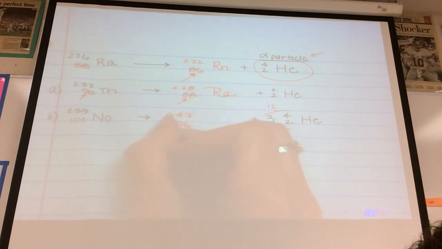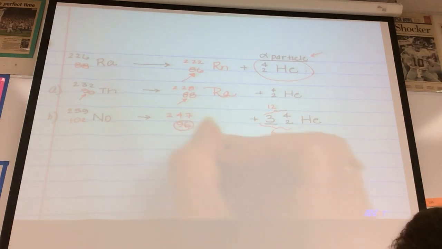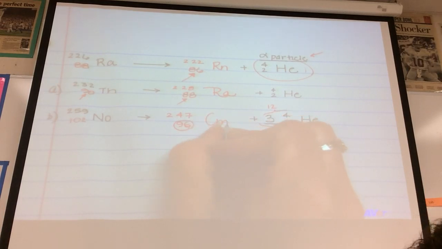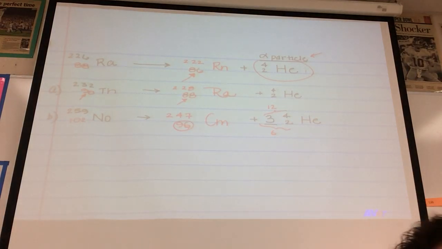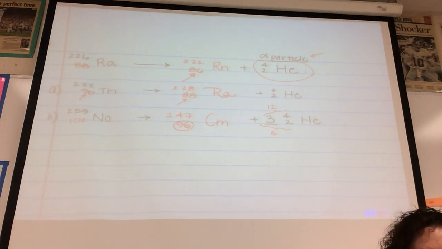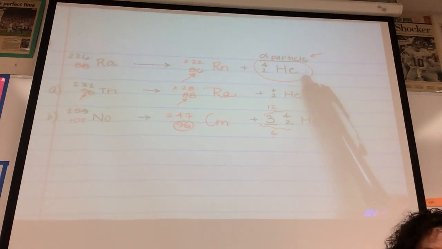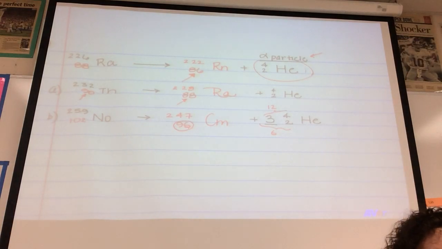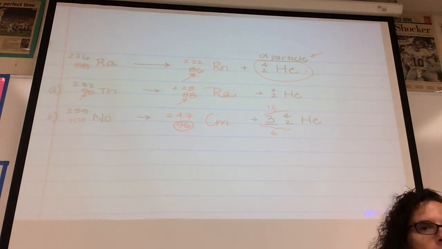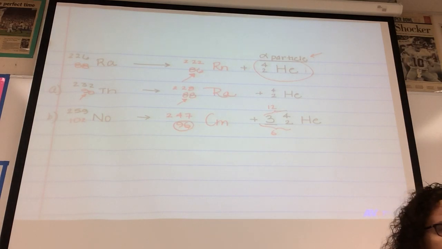What do you use though? Use the 96, right? And this is curium, named for Marie and Pierre Curie. Piece of cake so far, right? An alpha particle is a helium nucleus. Questions so far? Easy, easy?